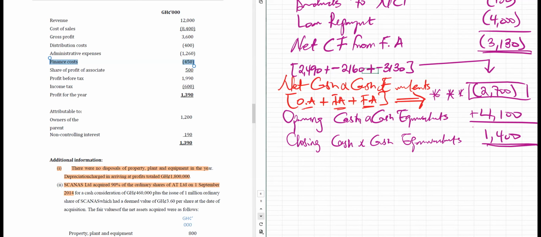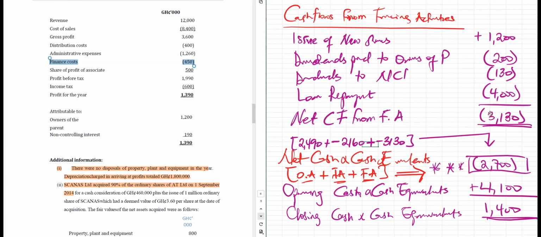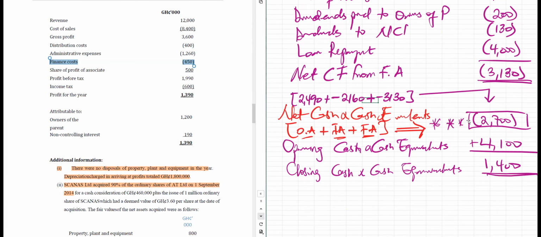I'm getting 2,800, and I'm also getting 2,800. We forgot some 100 somewhere. It doesn't really matter, it happens.